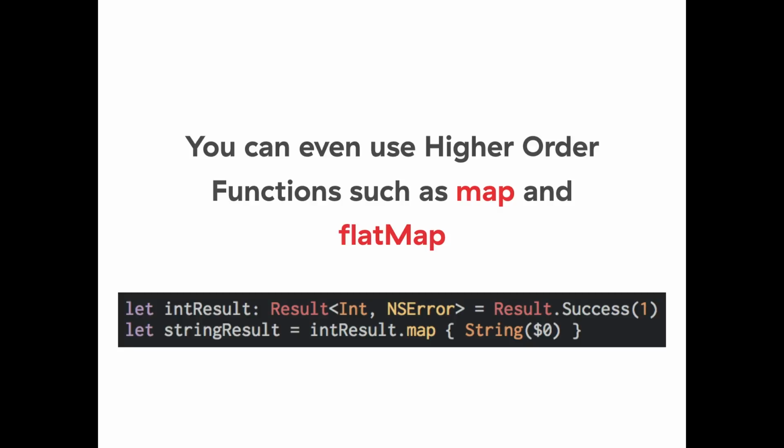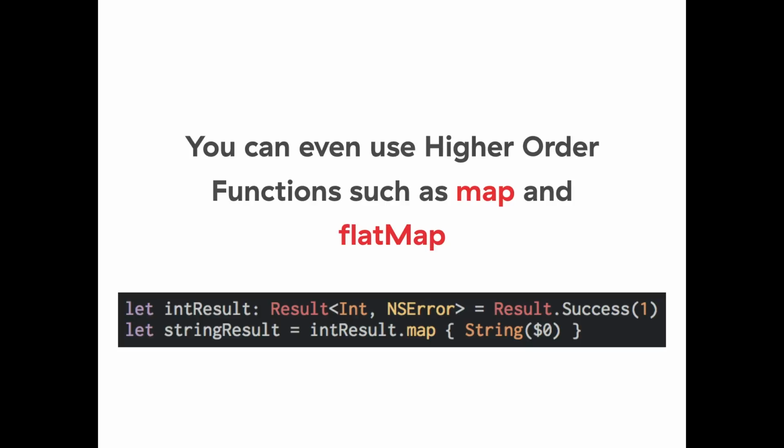So do you have any questions about this, or are you following along? Yes, I have a bug in the slide. I think you have a bug in the slide. You said that the result takes one type, but you are putting two types in there. No, int is a value, and error is the type of the error. So result is an enum. It must have two cases. One case is the type of value.